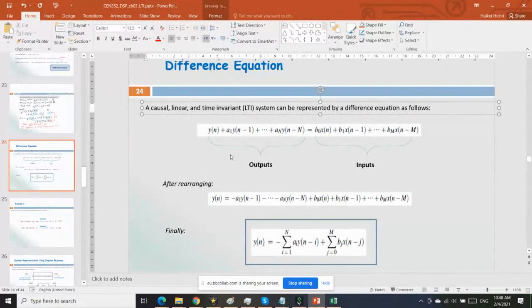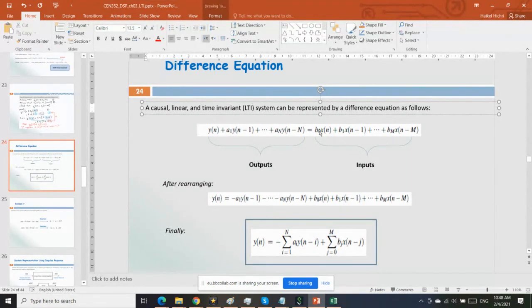So in general you can have y of n plus some coefficient a1 multiplied by y of n minus 1 plus another coefficient a2 times y n minus 2 and so on, until a N, the Nth coefficient, times y n minus capital N. So you can have many shifted versions of y here, and here you have many shifted versions of x.